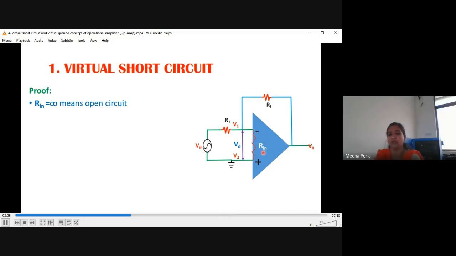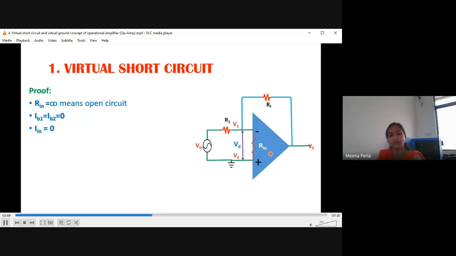If we consider the current at the inverting terminal as IB1 and at the non-inverting terminal as IB2, both currents will be equal to 0. Why? Since Rin is infinite, it is acting as an open circuit, so no current flows. If the current through this resistance is Iin, then Iin is equal to 0.